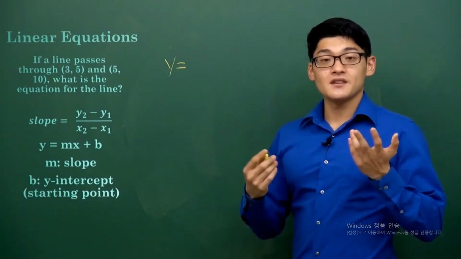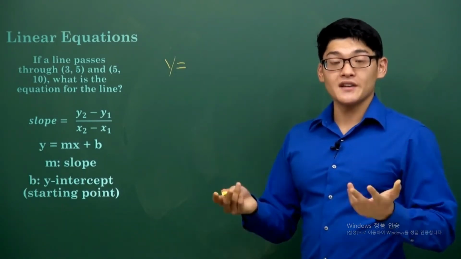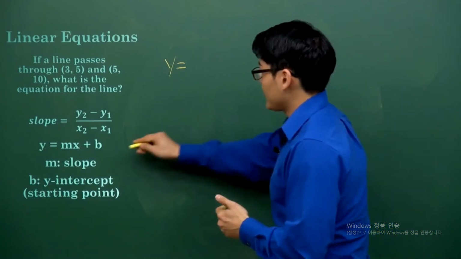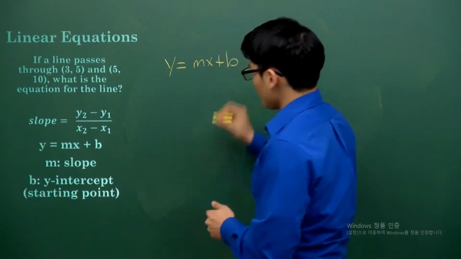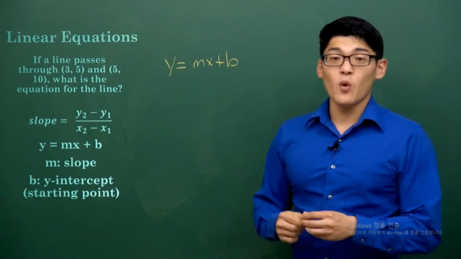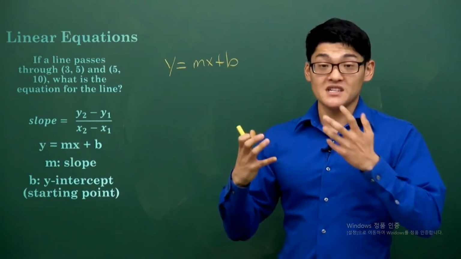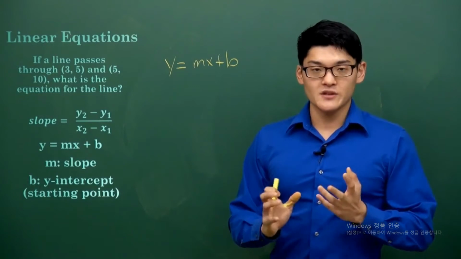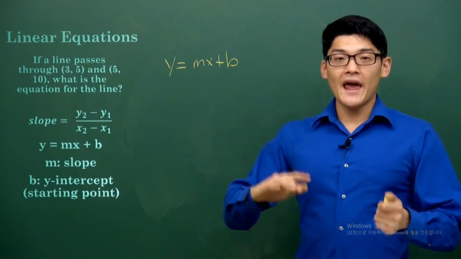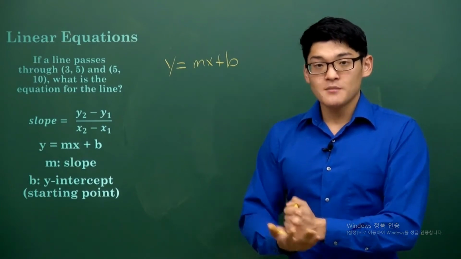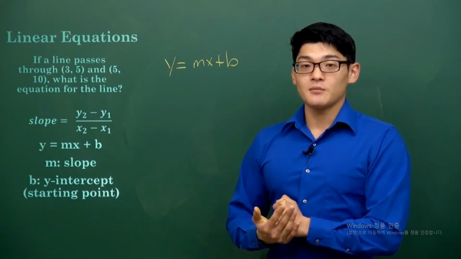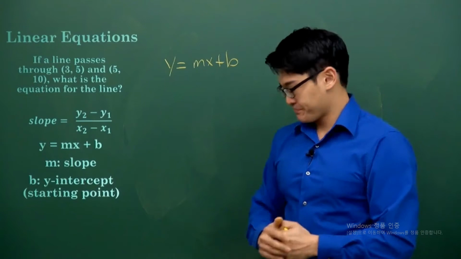generally represents a linear equation. And as this is shown, y equals mx plus b. m is the slope. You should be very, very familiar with this equation. In this form, m, the coefficient of x, will equal the slope, meaning how much it will go up per 1 x.